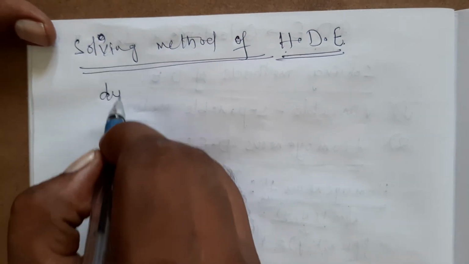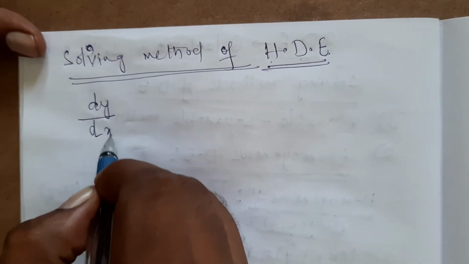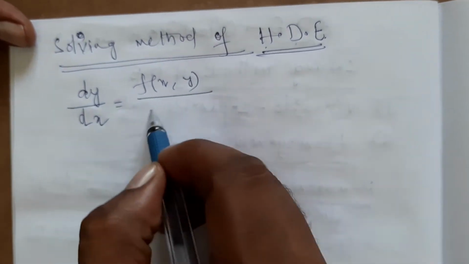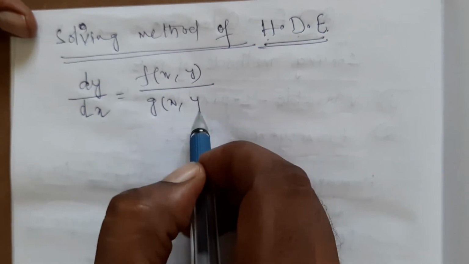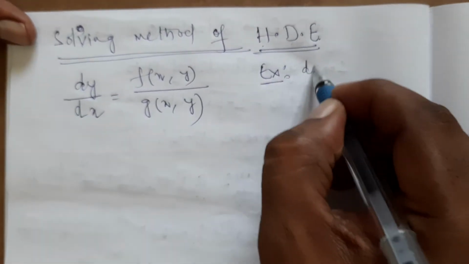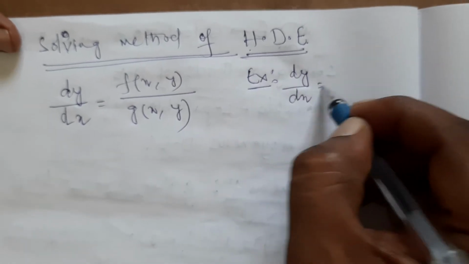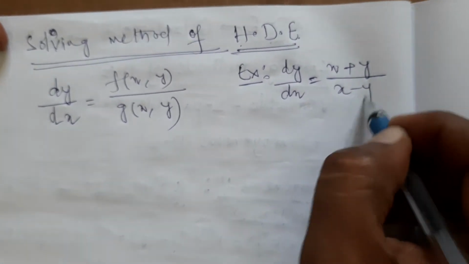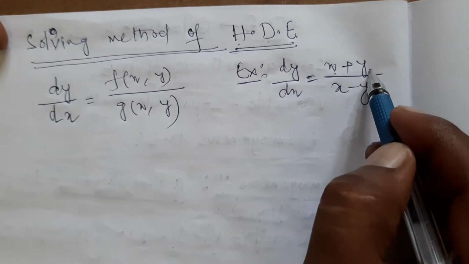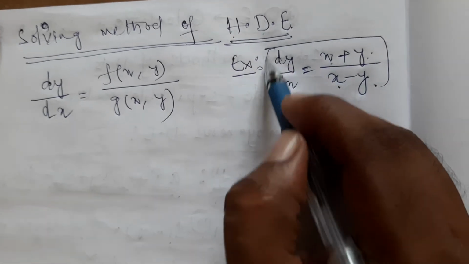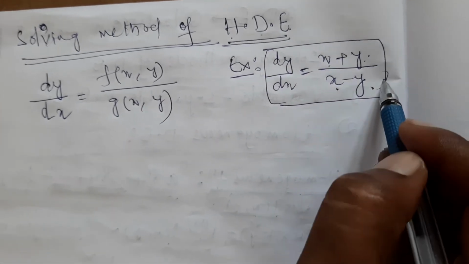How can we solve it? A homogeneous differential equation means dy by dx equals f of x comma y by g of x comma y. One example: dy by dx equals x plus y by x minus y. Here the numerator x plus y is of first degree and the denominator x minus y is also first degree, so this is known as a homogeneous differential equation.